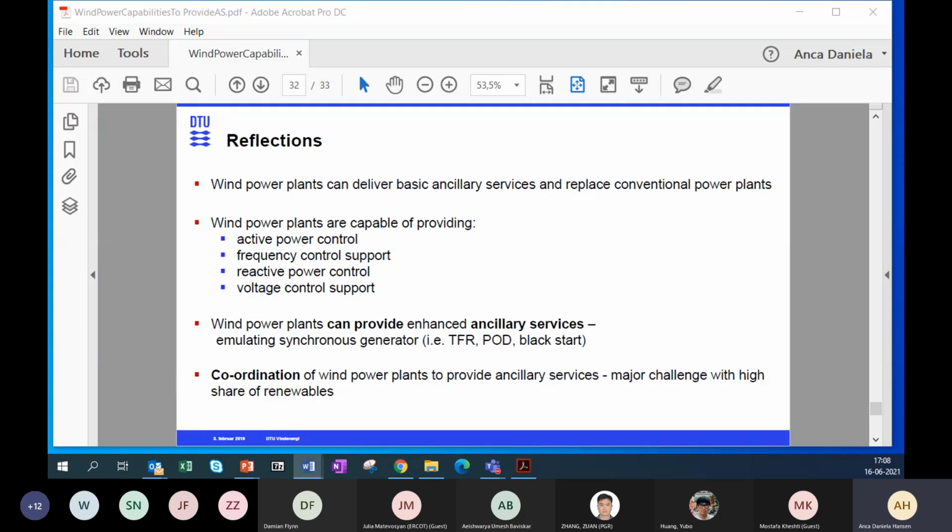As I have shown, in my opinion, coordination of wind power plants to provide ancillary services is quite important, and this is a major challenge for a high share of renewables in the future. So thank you. I am over time, and sorry for all these problems.